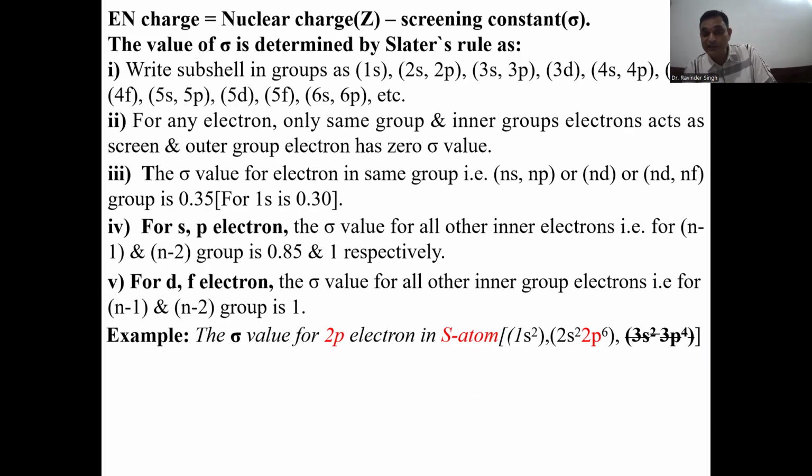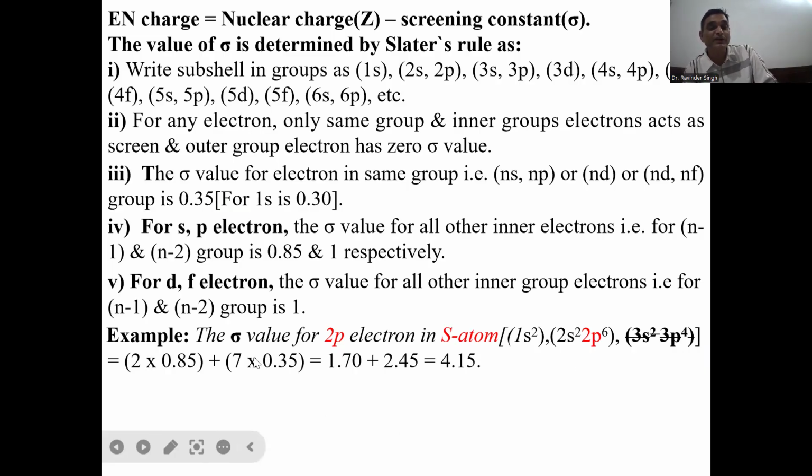तो in 2p, in that particular 2s2p group there are total 8 electrons, और एक इलेक्ट्रॉन का हमें इफेक्टिव न्यूक्लियर चार्ज निकालना है, तो एक को छोड़ के बचे हुए जो इलेक्ट्रॉन हो गए यहाँ पे 2s2p में, तो 8 माइनस 1 तो 7 हो गए, 7 इलेक्ट्रॉन्स हो गए। तो सेम ग्रुप के अंदर कितना होगा स्क्रीनिंग कांस्टेंट की वैल्यू? That is the 0.35 for the same group, right?